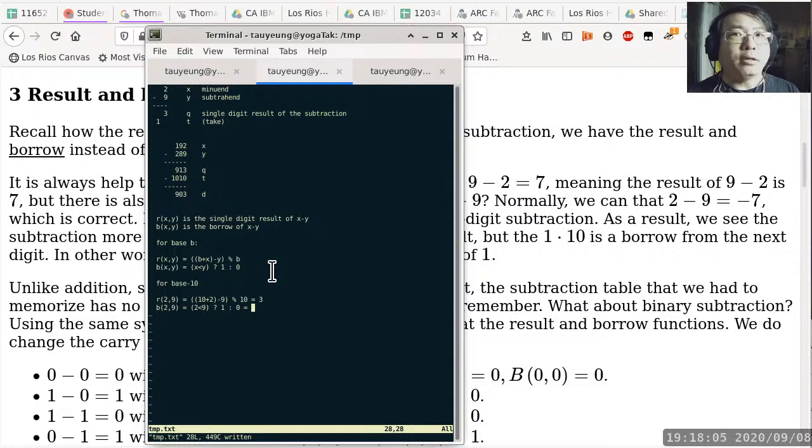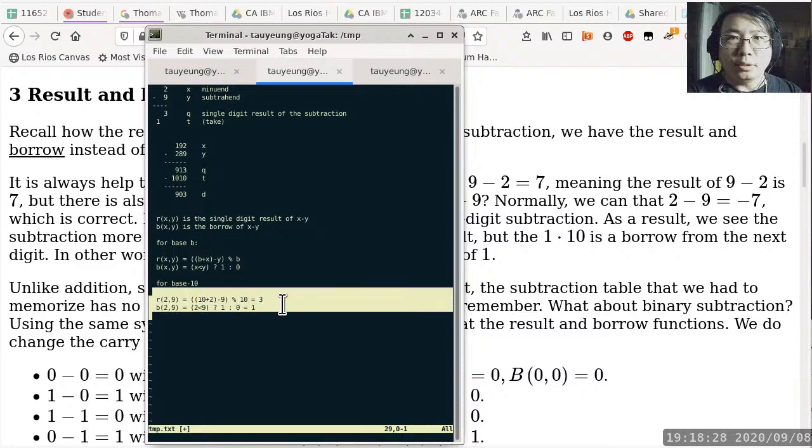We'll later on see why I can use the same name r, even though for any base in general r is different when you compare it to the addition r. But for base 2, as it turns out, it is actually the same. I just want to make sure that everybody understands these two examples.